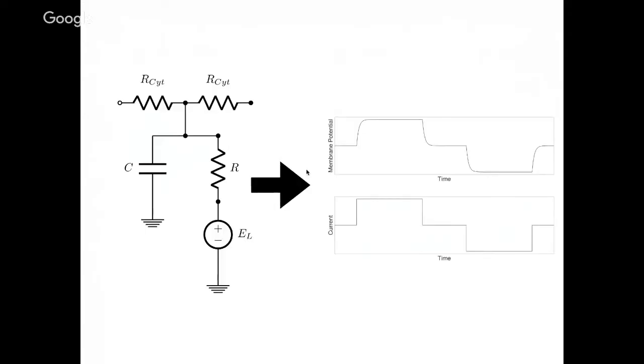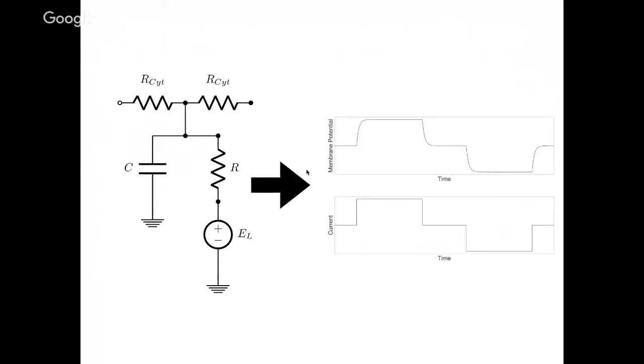As you see, below is the current. We have current over time, and current is something that we're inserting into the neuron. And then we have membrane potential, or voltage, changing over time. When we insert current, the membrane potential increases, but not right away, because of that R value.